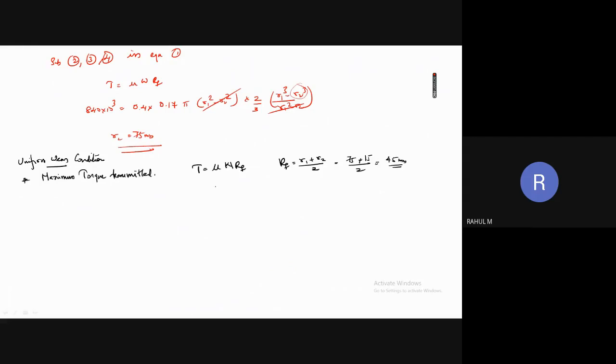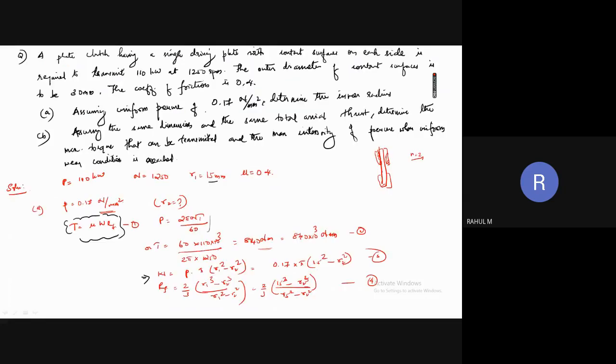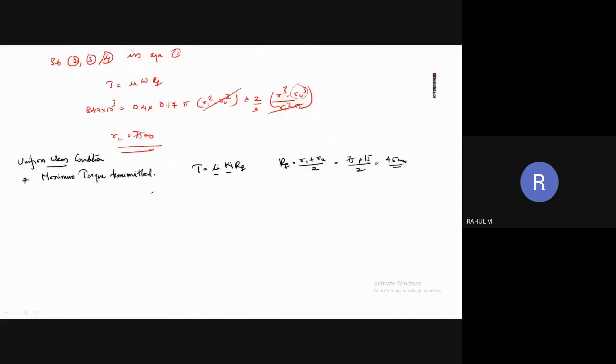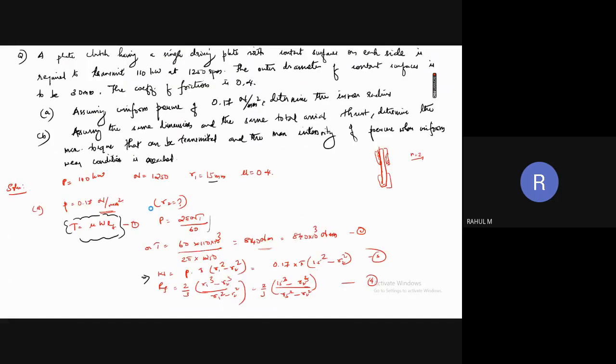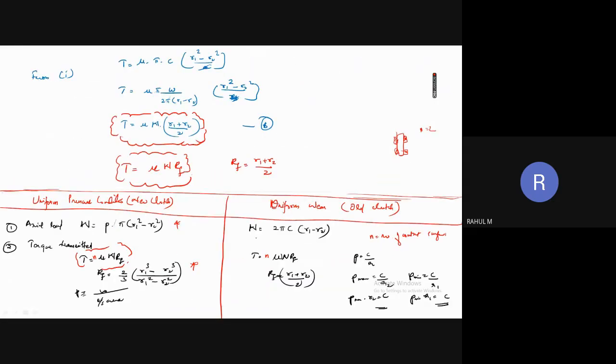The remaining things that you need to find are μ and W. The μ value, the coefficient of friction from the question, you can take as 0.4. Now the next thing you need to find is the axial load, the axial force W. We have already found the equation for the uniform wear condition.